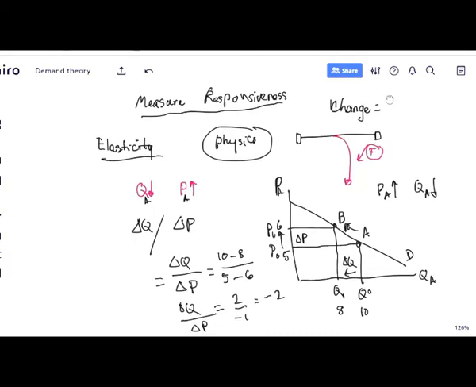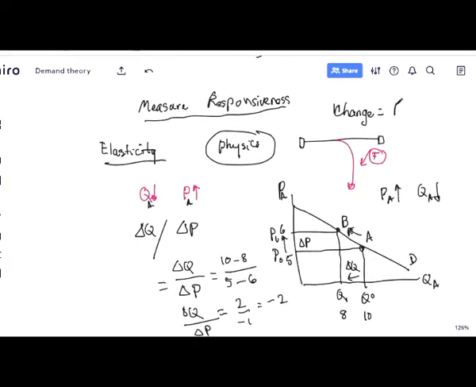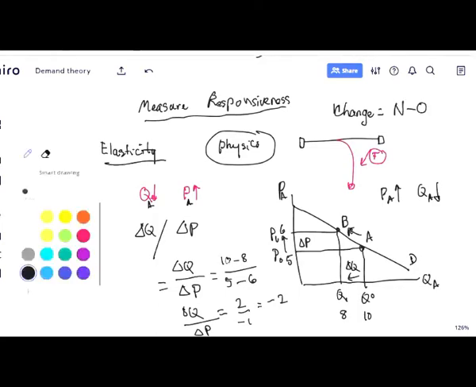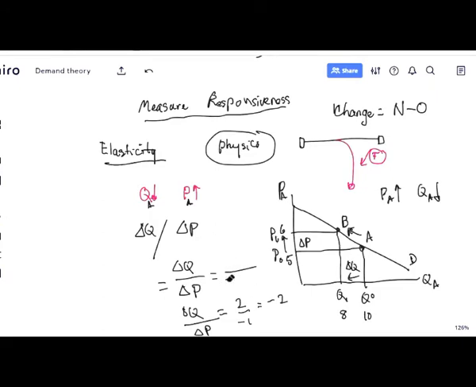Let me clarify. Change by definition is always new minus original. So I should actually change the other way. Let me correct this. Change is always new minus old. So new is 8 and old is 10. New is 6, old is 5. The answer is the same.